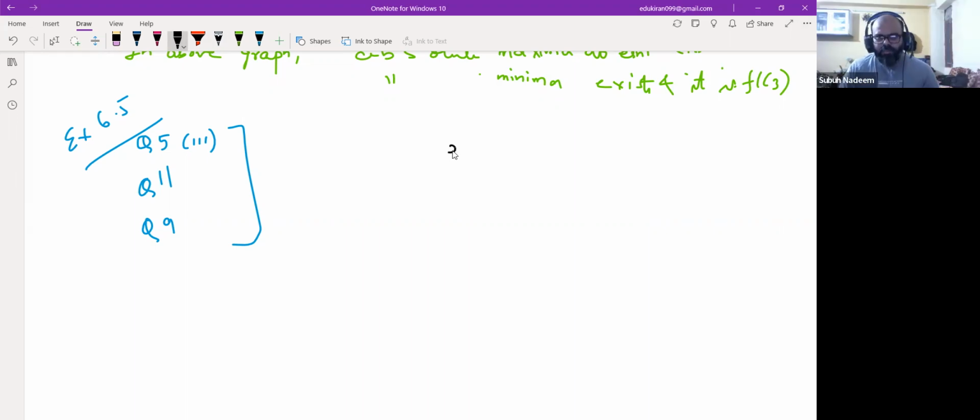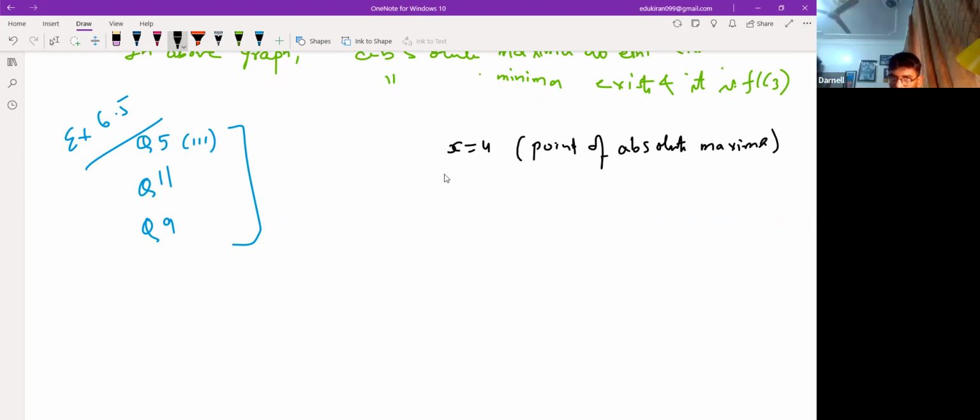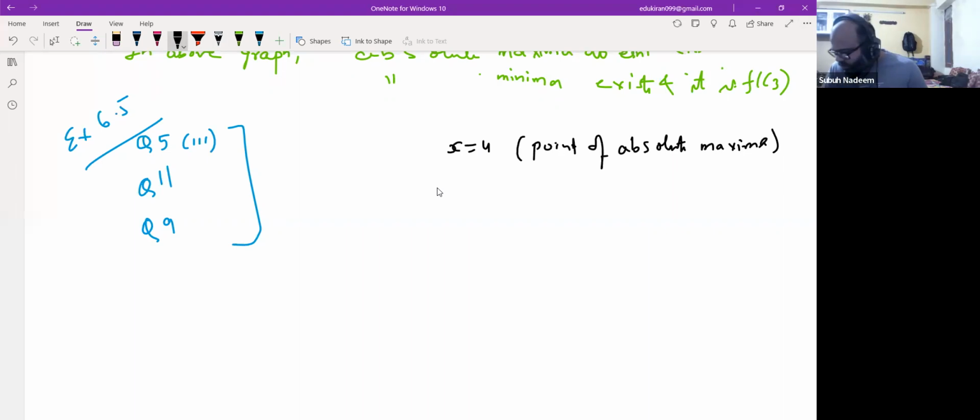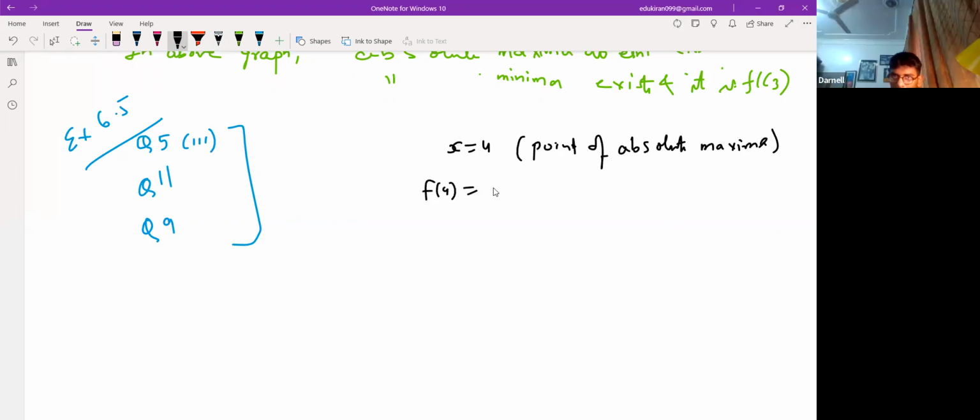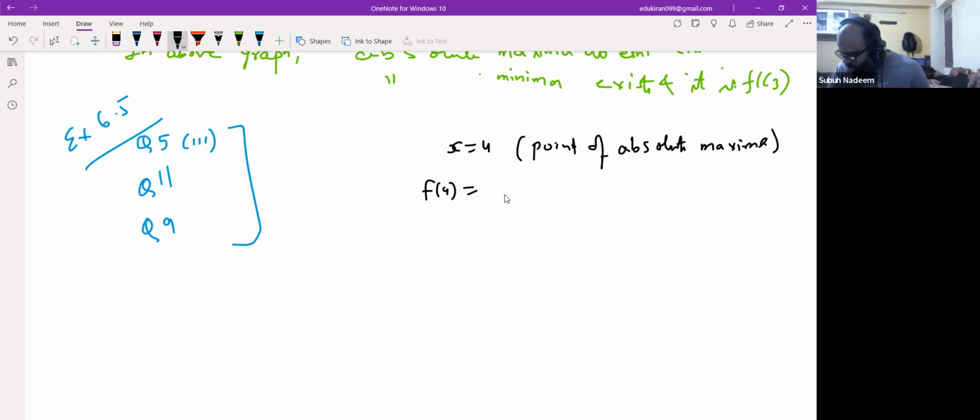So that is the point of absolute maxima. So 8 is the maximum. It would be 16 minus 8. Yeah, it will be 8, correct. My absolute maximum value.